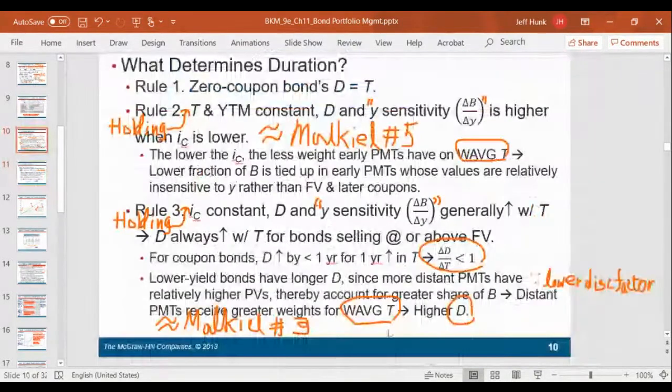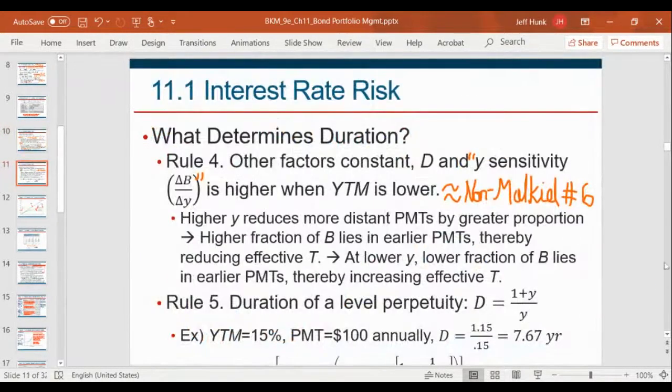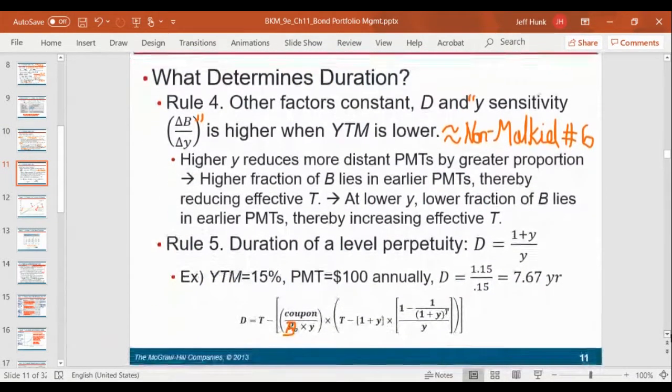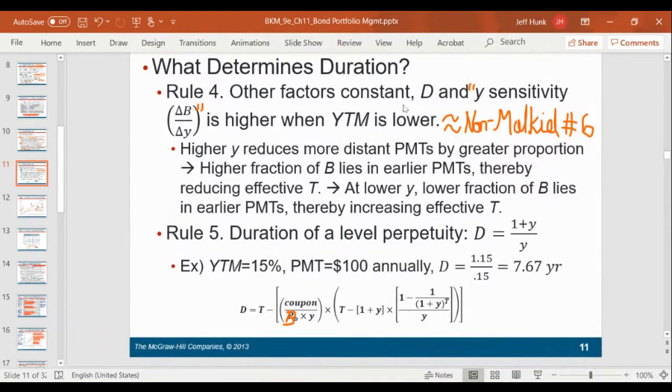And rule 3 is pretty much the same thing as Malkiel's theorem number 3. And then rule number 4: holding other factors constant, duration and interest rate sensitivity of bond price is higher when yield is lower.